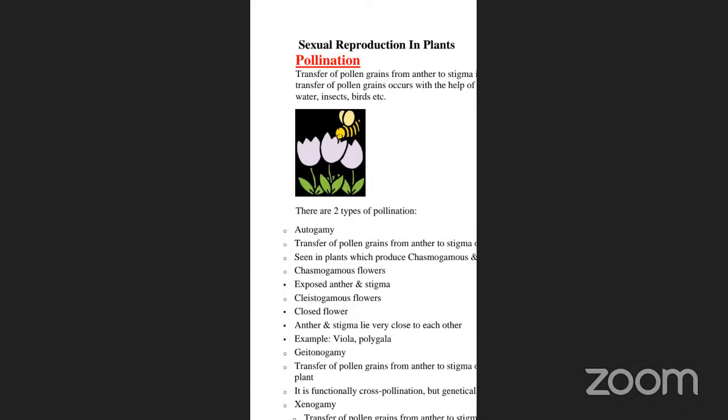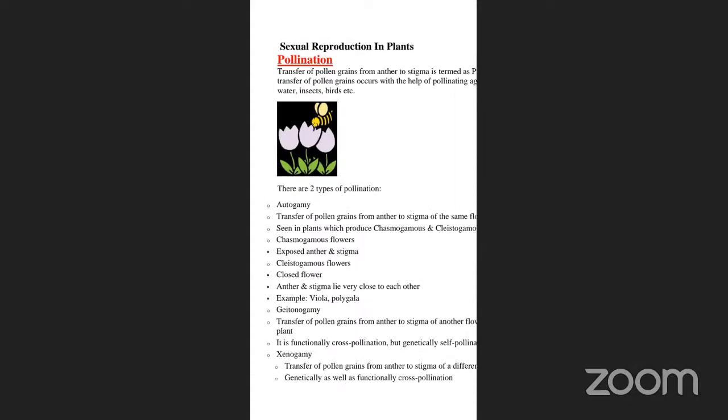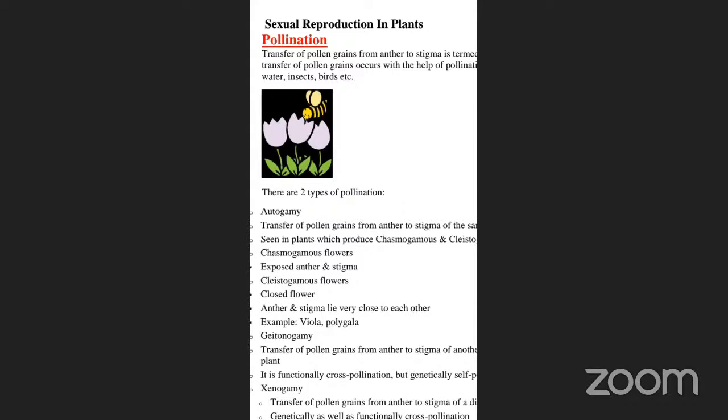Next, cross pollination. Cross pollination means transfer of pollen grains from the anther of one flower to the stigma of another flower of the same species.